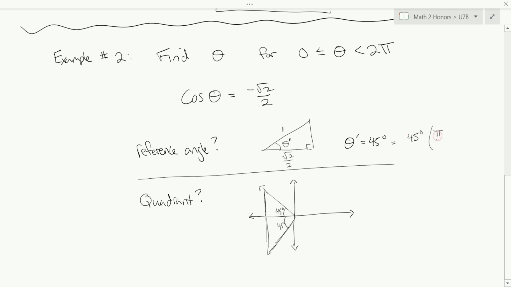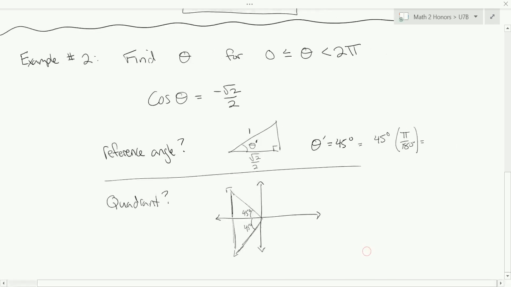Multiply by pi over 180. So we get 45 pi over 180, and you reduce that to pi over 4. Over time you'll just know 45 is pi over 4, 30 is pi over 6, 60 is pi over 3, 90 is pi over 2, and so on. But until you get to that point, just work on converting, okay?